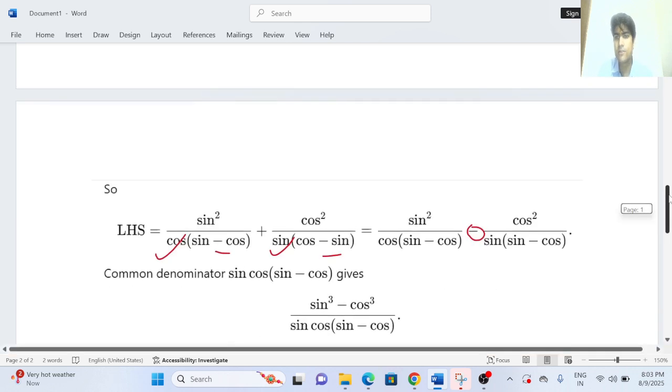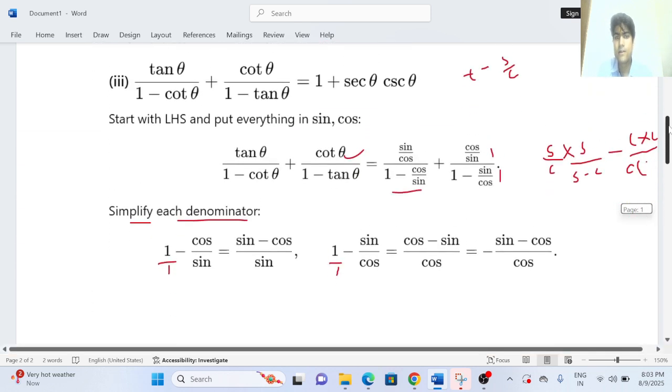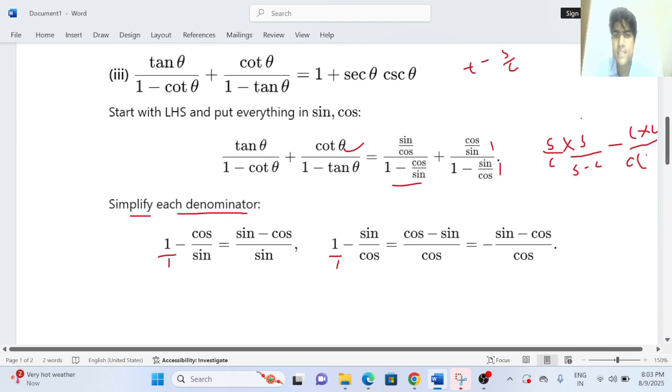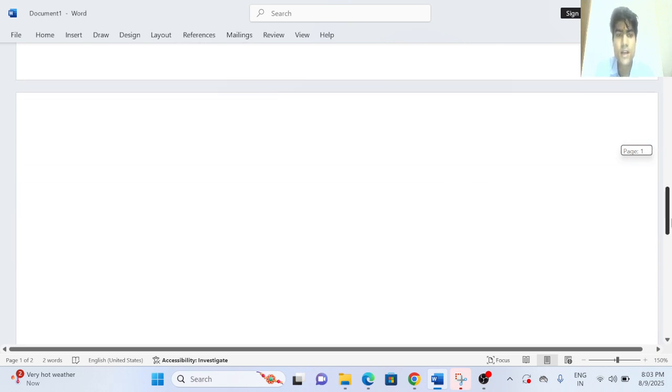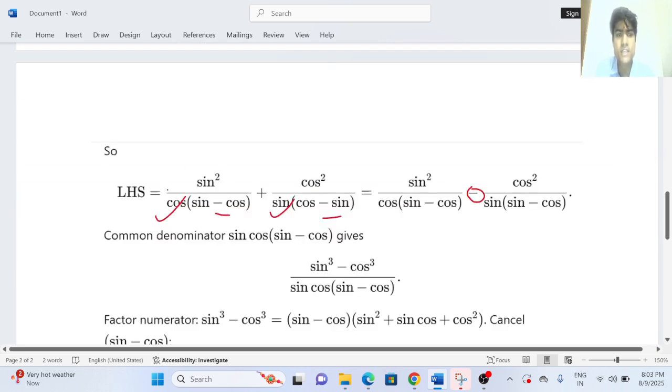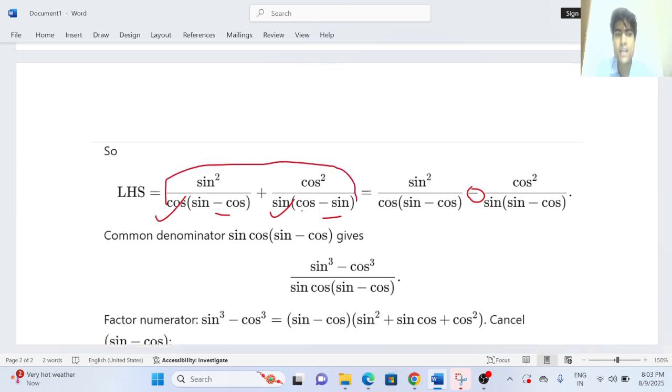I hope this is clear to you. We have done nothing special, just simplified the denominators and then solved the numerator and denominator. Once we reach here, we change the sign of this equation, because we want to make it equivalent to sine minus cos.